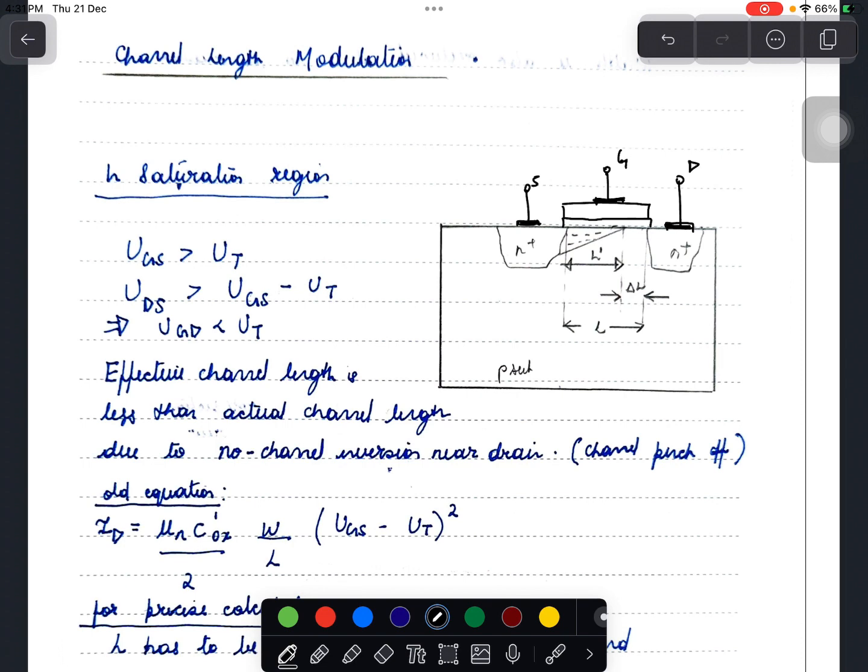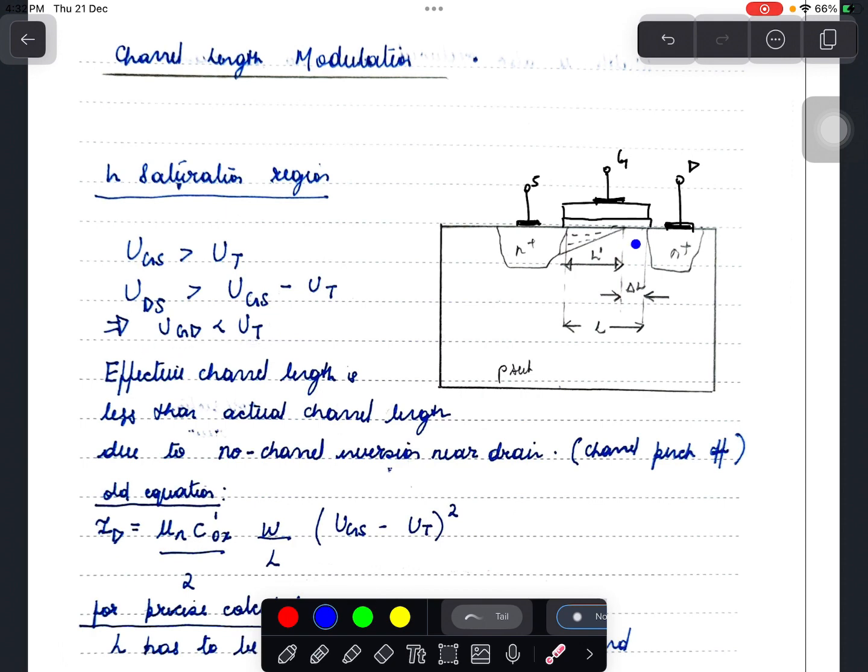So in saturation, the drain to source voltage is greater than the gate to source voltage minus threshold voltage. Gate to source voltage is greater than threshold voltage. So if we solve this equation, we find that the gate to drain voltage is lesser than the threshold voltage.